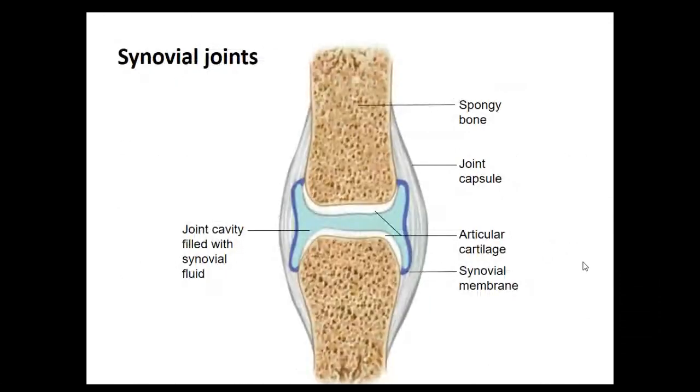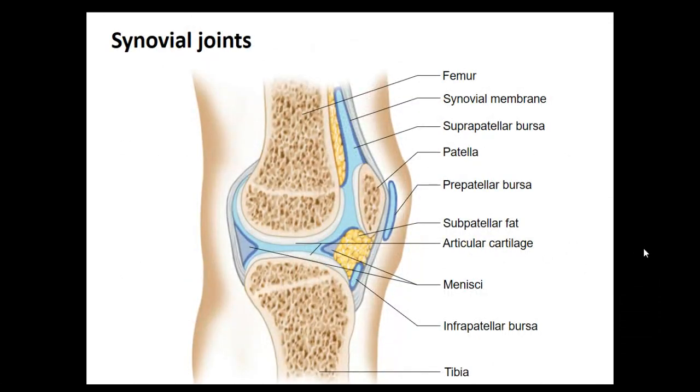Some joints, like the knee joints, have extra pads called meniscus pads in between the bones. That's in addition to the articular cartilage. It's a thicker pad of cartilage that absorbs impact every time you step and your weight comes down on your knees.